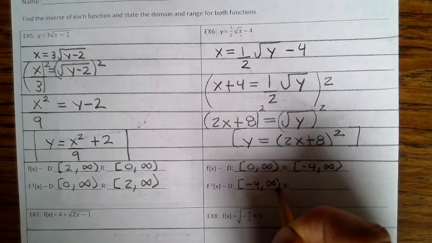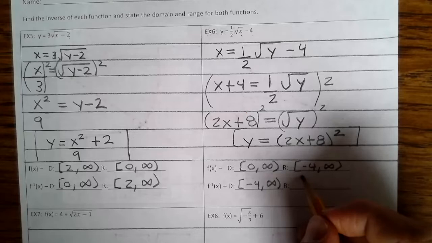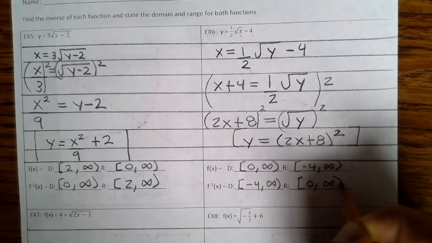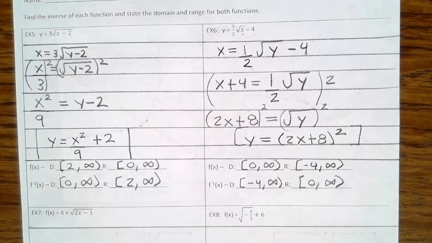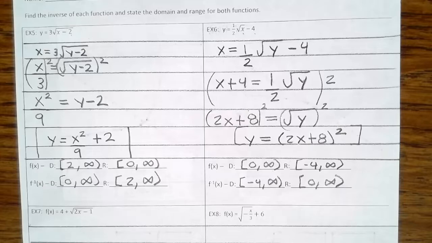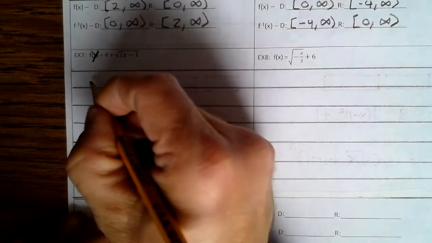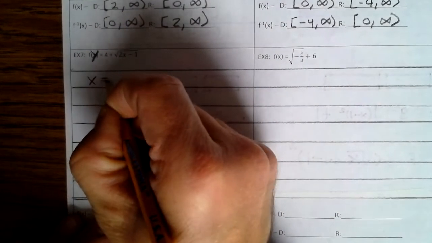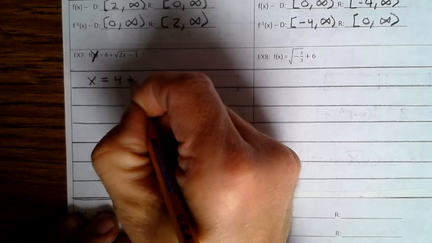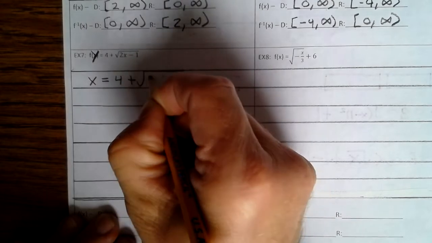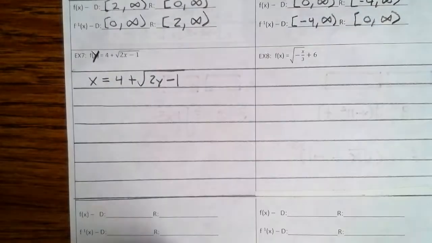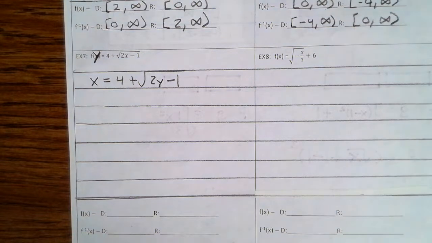Example 7. Okay, let's change f of x to y, and then switch x and y. So x equals 4 plus the square root of 2y minus 1. Okay, first step, we're going to subtract 4 from both sides, so x minus 4 equals the square root of 2y minus 1. We're going to square both sides.